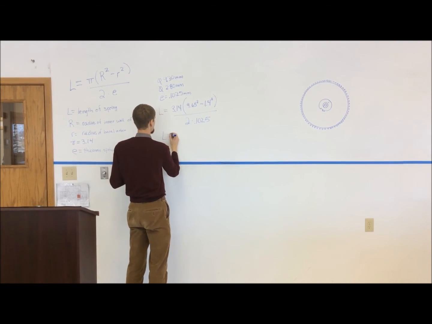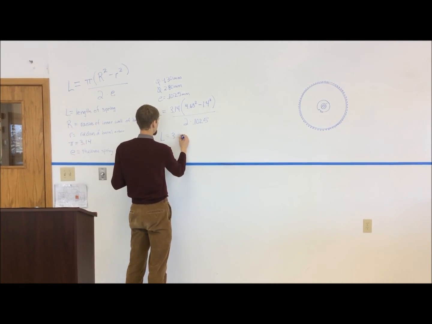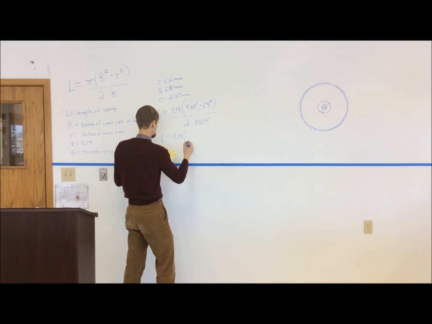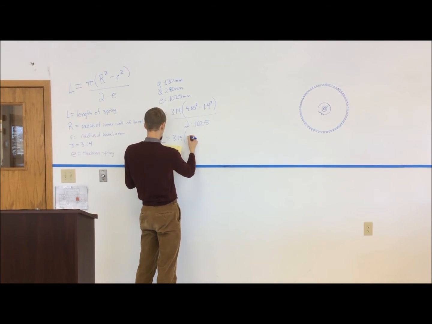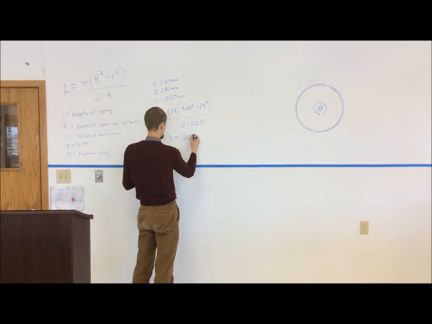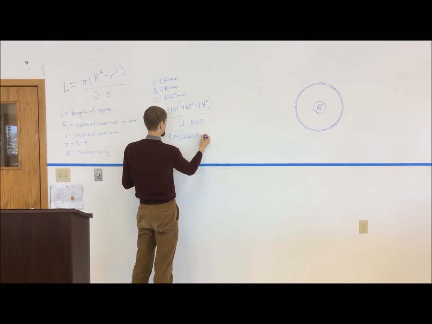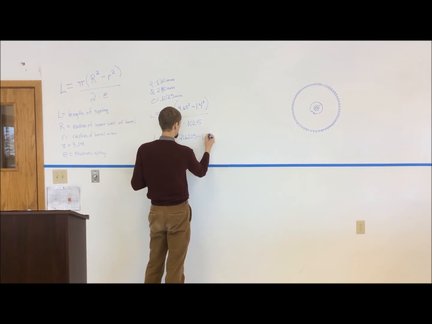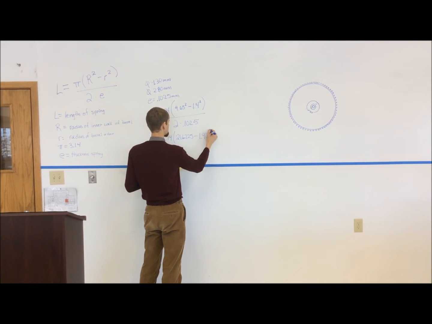We'll start by calculating the inside of the parentheses there. 4.65 times 4.65 is 21.6225. And 1.4 times 1.4 is 1.96.